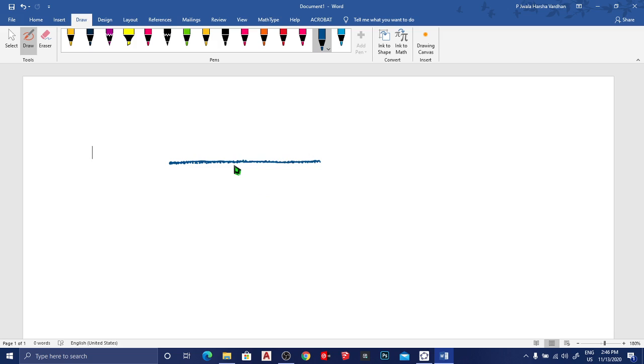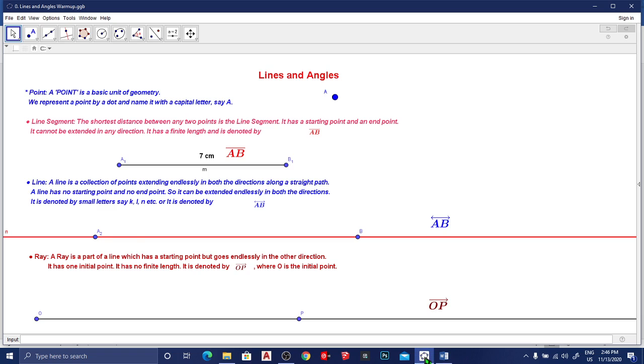The definition of the line segment is: the shortest distance between any two points is the line segment. Why are we calling it the shortest distance only?